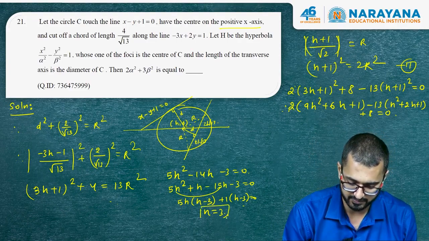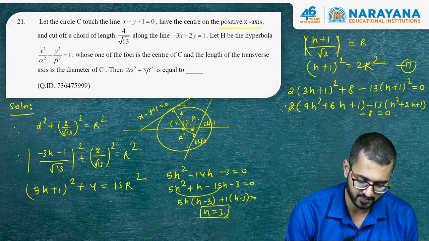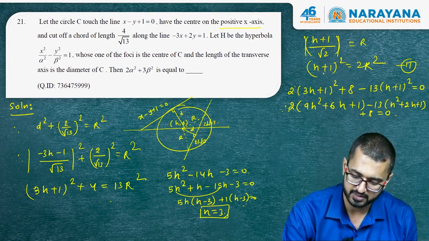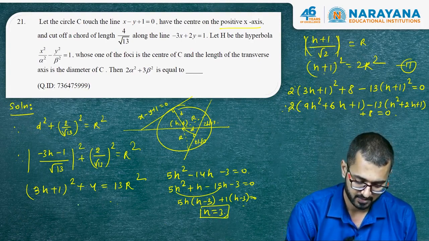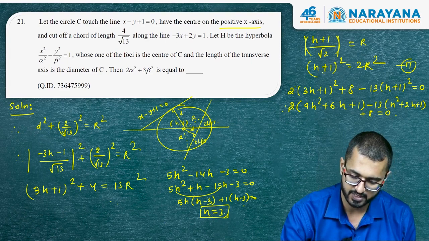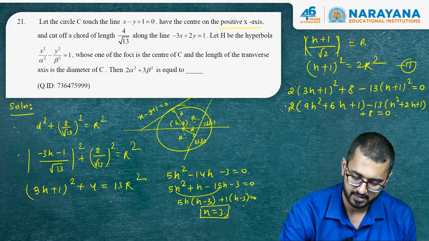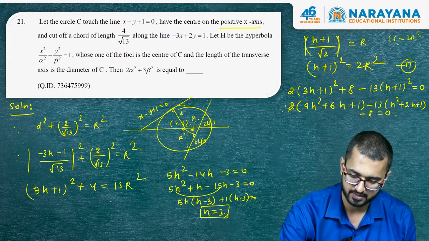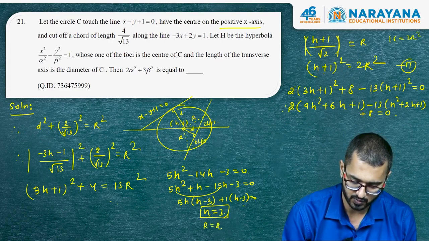So h is equal to 3 we got. That means the center we have got, h is equal to 3. We can now plug into this equation and get the radius. Setting h equal to 3 into this equation gives me (3 + 1)², 4 squared, 16 is equal to 2r². So r is equal to 2√2. I got the radius also, 2√2.